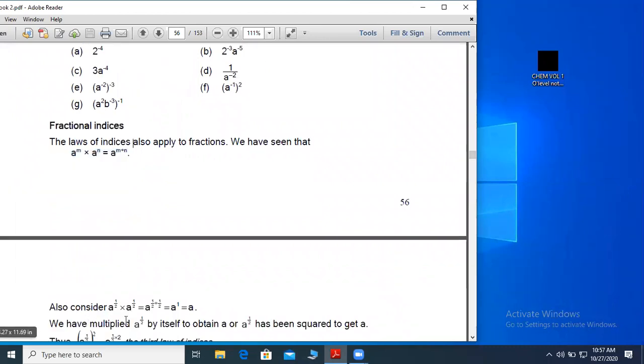Now, let us also look at a to power a half times a to power a half. The base is the same, it is a, so the answer will be a to power a half plus a half, and it will give us a to power 1.